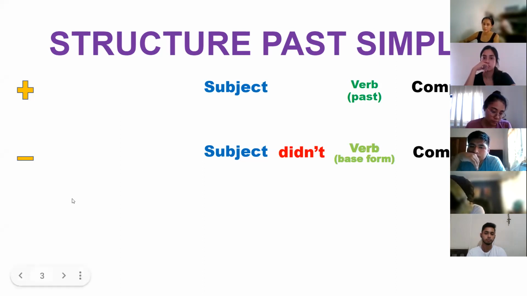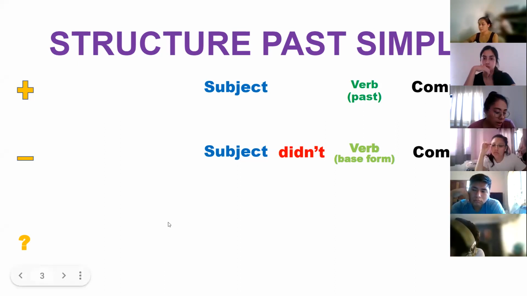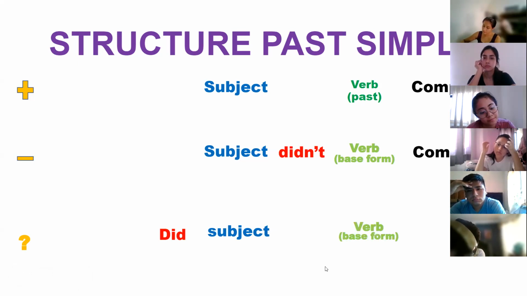Very good. And what about the question form? What do we need first when we form questions? What do we need? The auxiliary verb, did, for the past. What else? The subject, then the verb in the base form, and the complement, right?